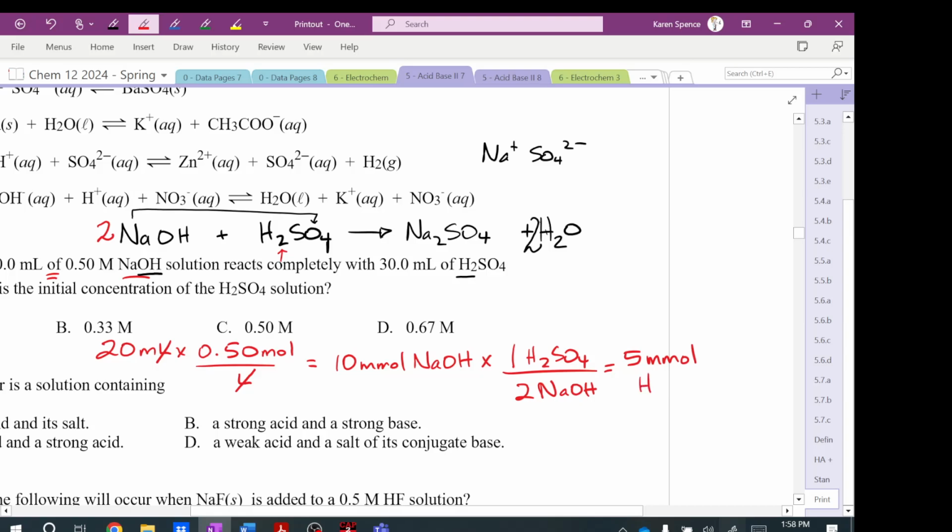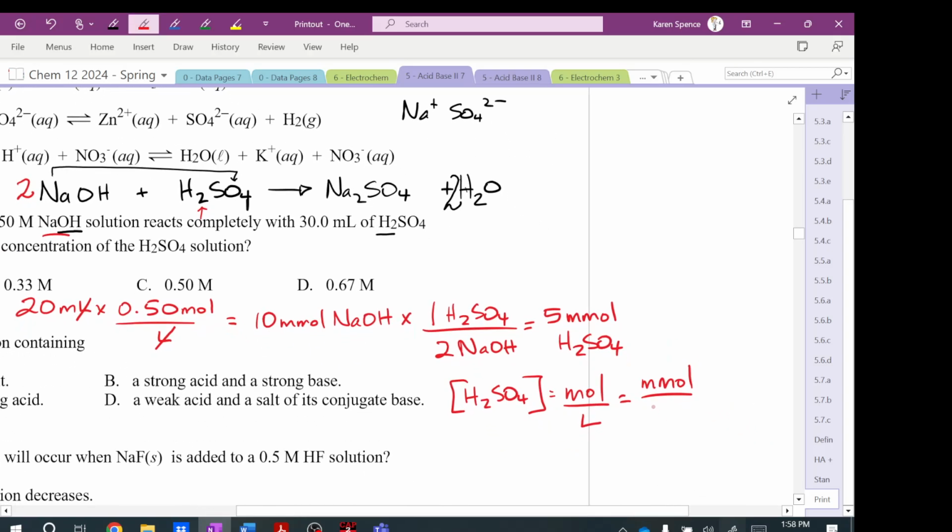So the concentration then of the H2SO4, I need moles over liters. So if I've been working in millimoles, I need to put my millimoles over my milliliters.